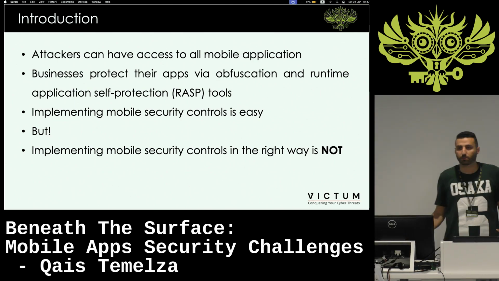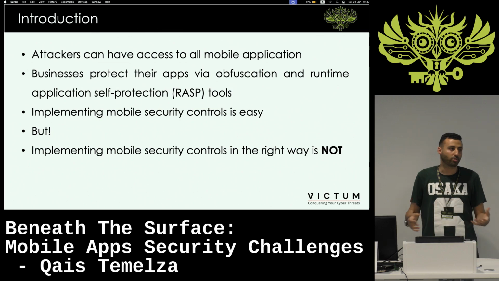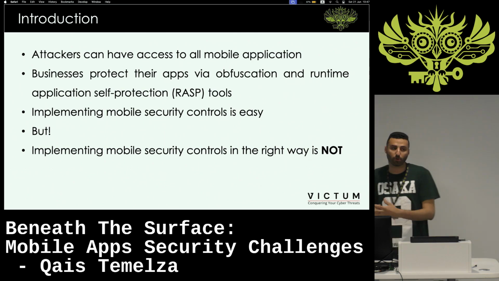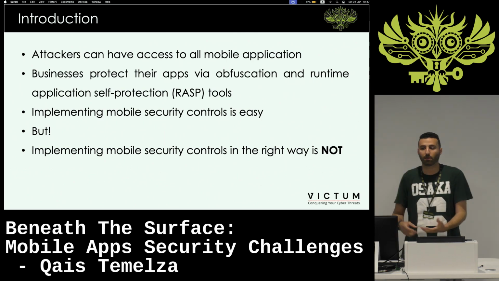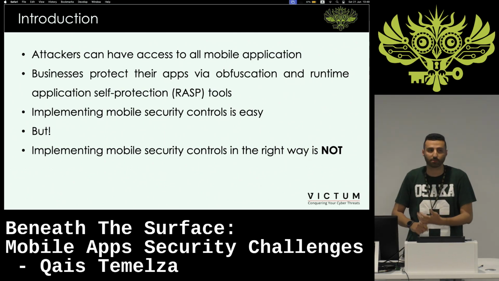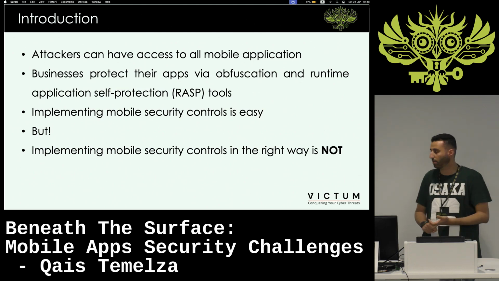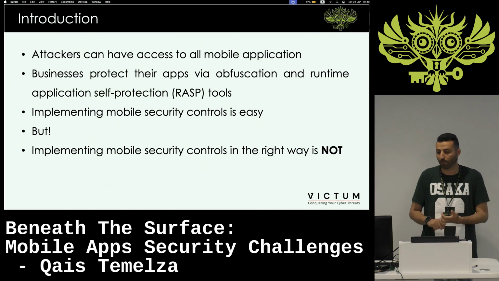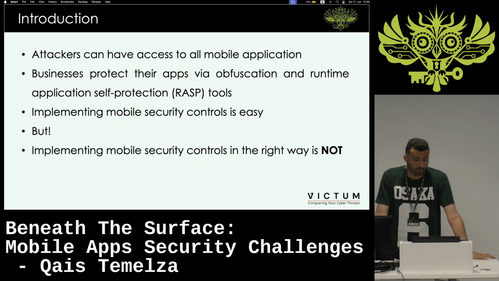For mobile apps, your application code is always available online. Or people can grab it from the phone itself. Like APKs are available on websites. For iOS, you can grab the IPAs of the apps from the phone.